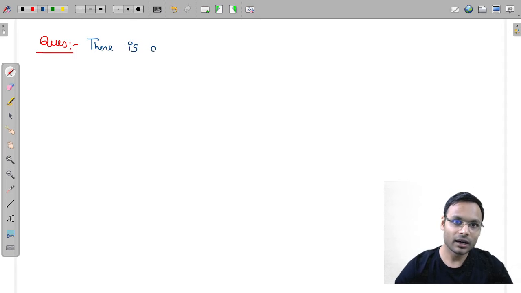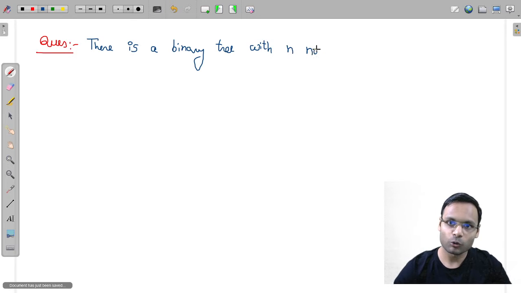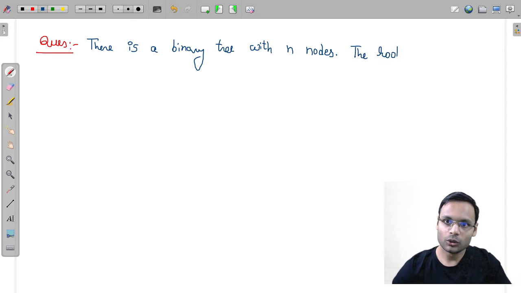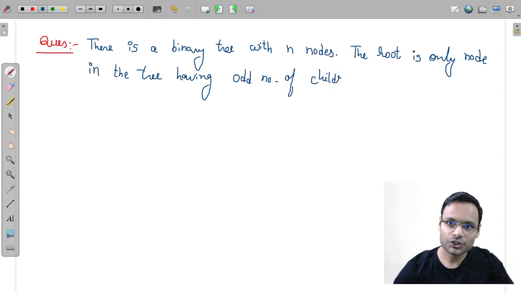There is a binary tree with n number of total nodes. The root is the only node in the tree having an odd number of children.